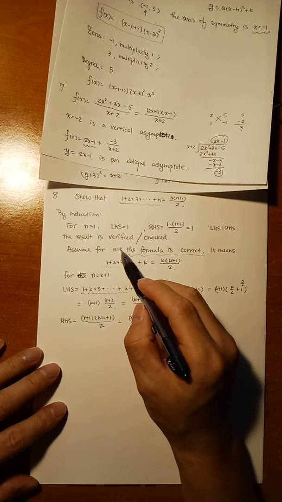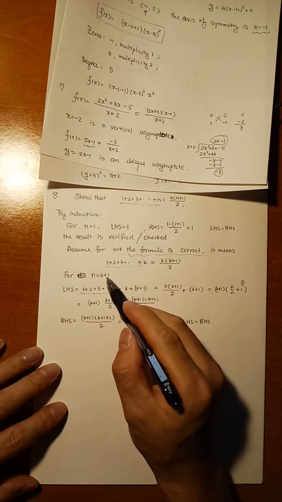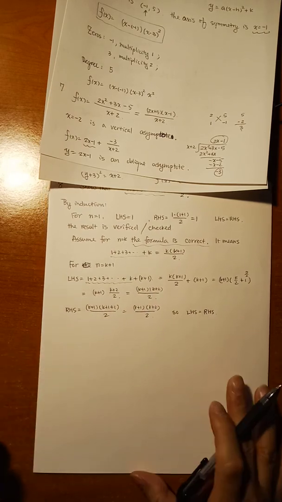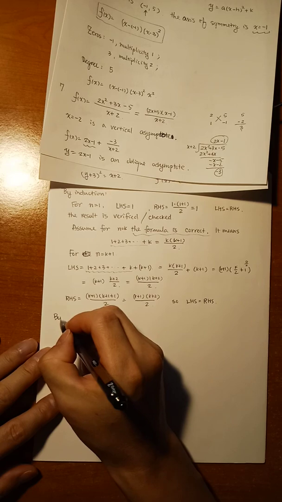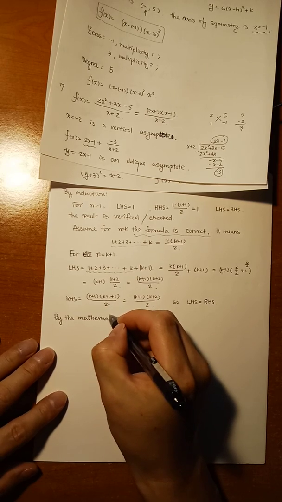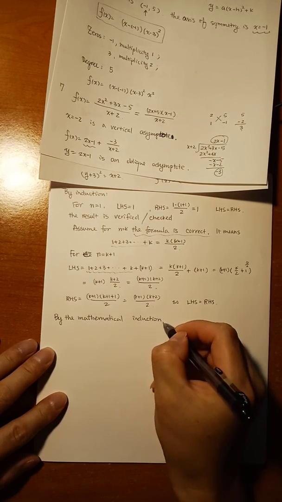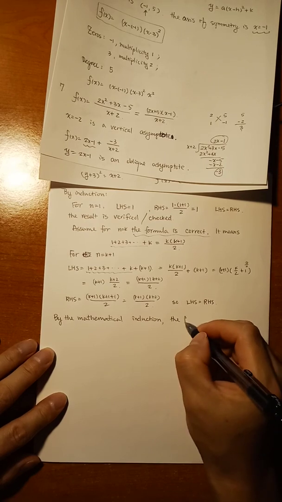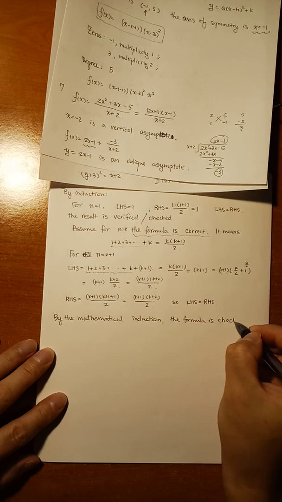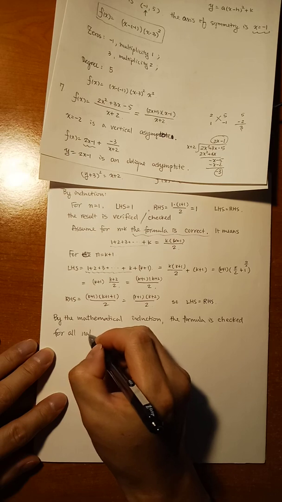By assuming that when n equals k the formula is correct, we can push one step ahead and get n equal to k plus 1. The left side is equal to the right side. Then by mathematical induction, the formula is correct, or is checked for all natural numbers.